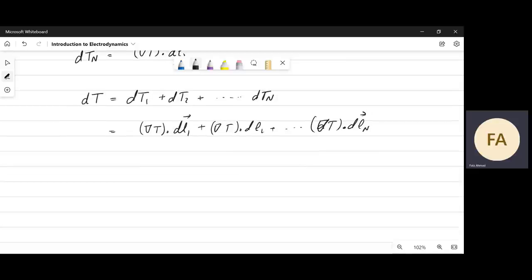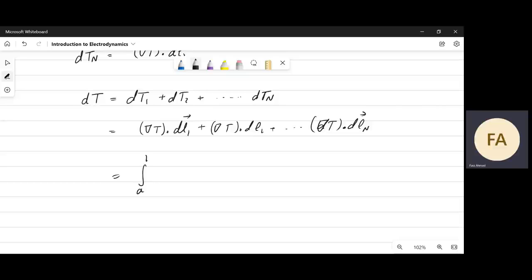And if we convert the discrete domain into a continuous domain from A to B, then we can convert this sum into an integral.